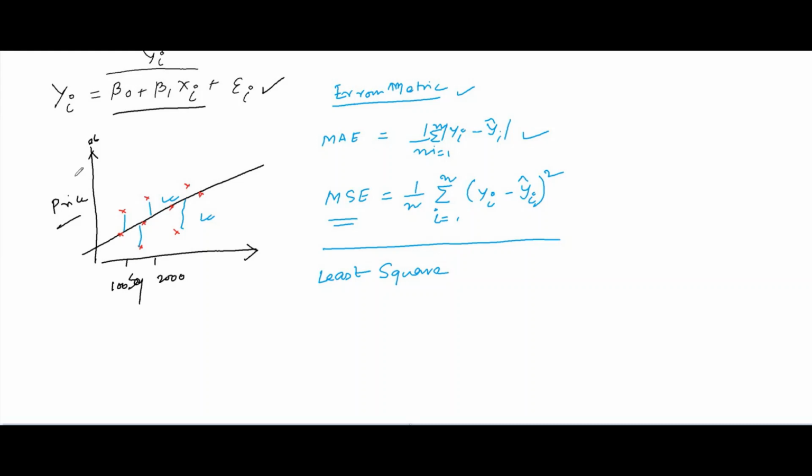This is called the least square method, which we will use to minimize this error, to optimize actually. Okay, clear.